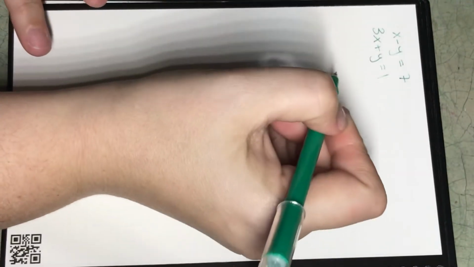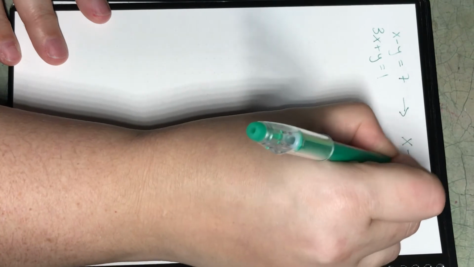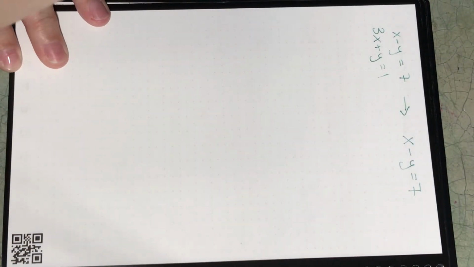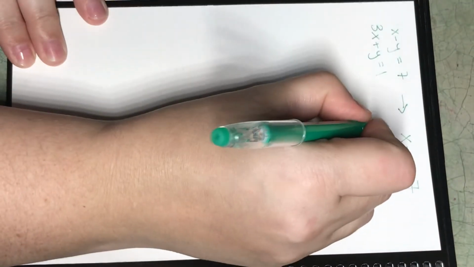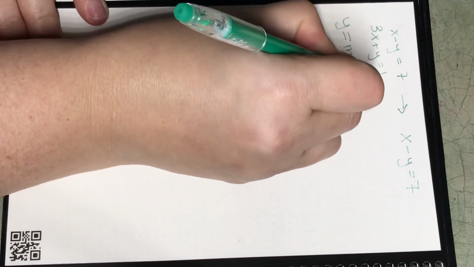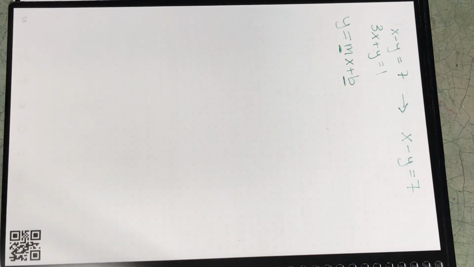To use y equals mx plus b to graph the two lines, I'm going to get y alone in each equation. So again, I'm going to rewrite this over here, give myself some room. I want y equals mx plus b, where m and b are both going to be numbers.